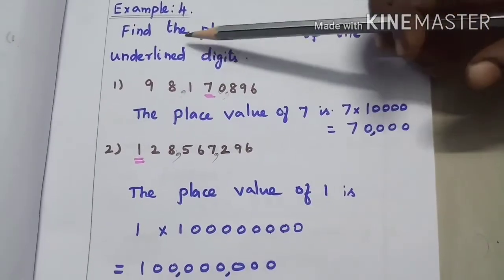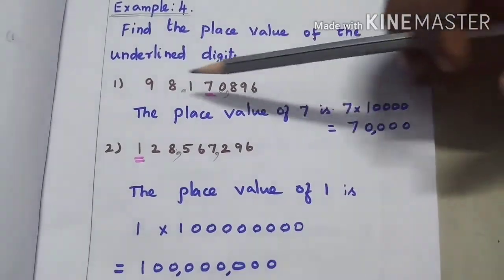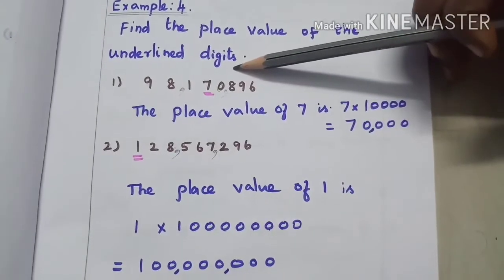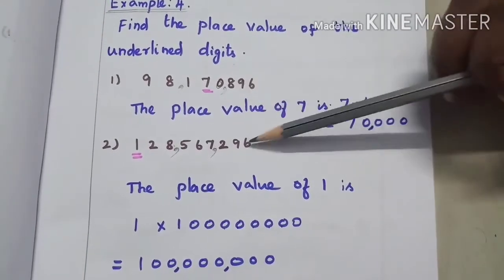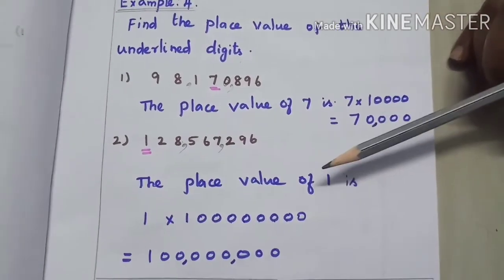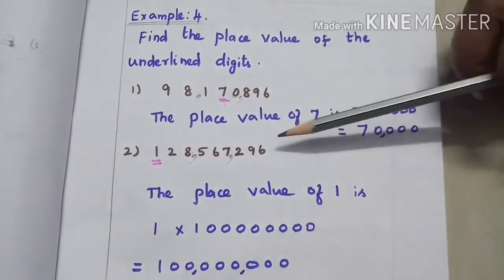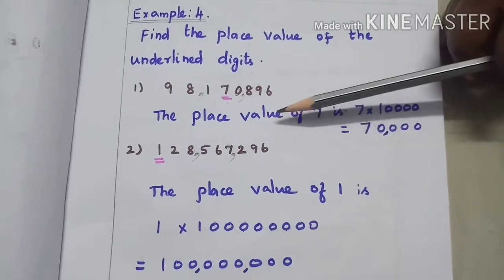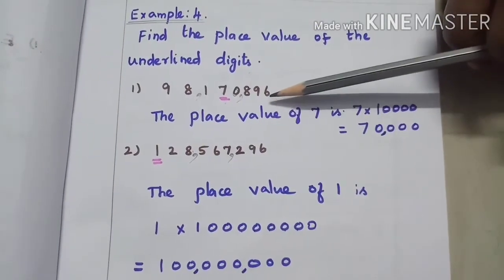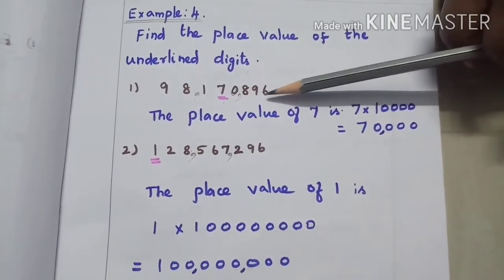Example 4. Find the place value of the underlined digits. So 2 questions are given. We are going to find the place value. See, the 7 is underlined here. So it is international system, isn't it? So when we are starting, what we will be getting here?